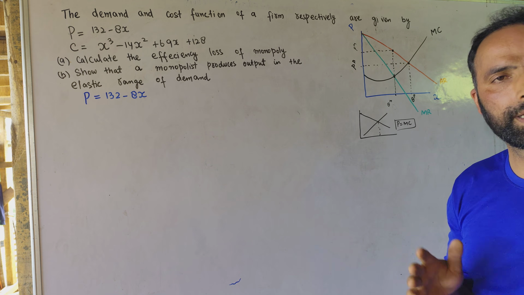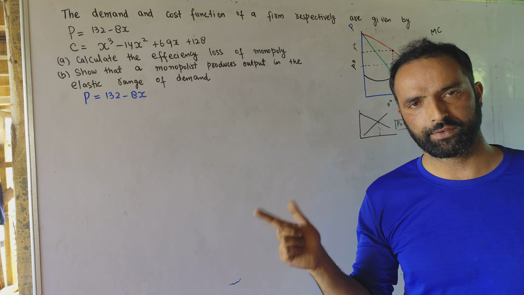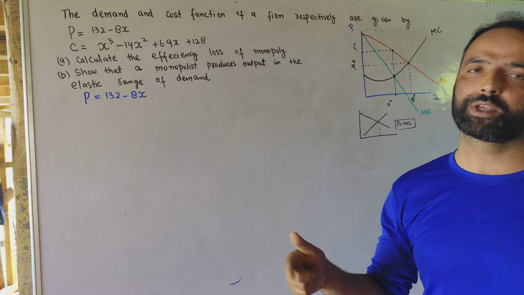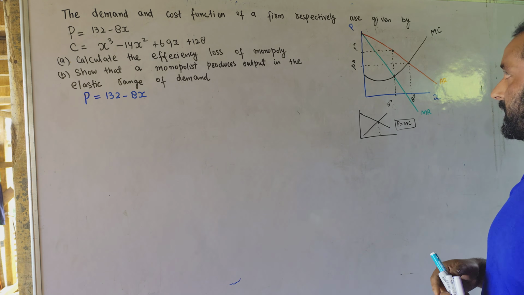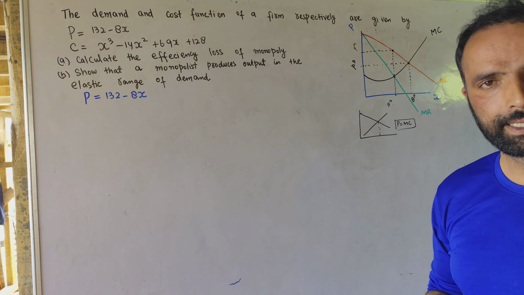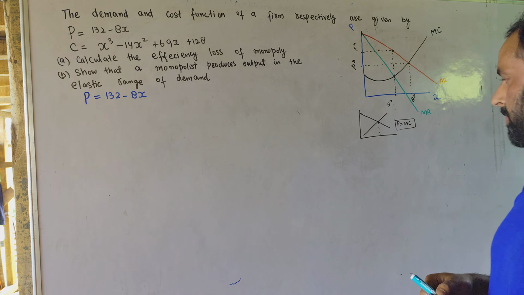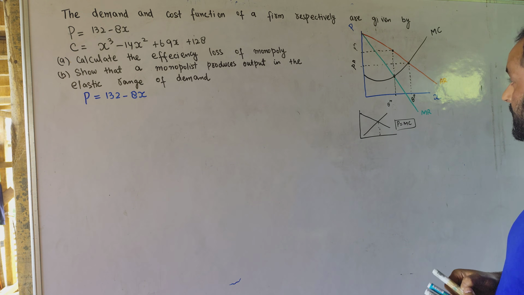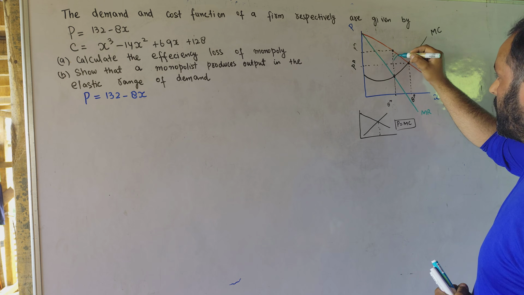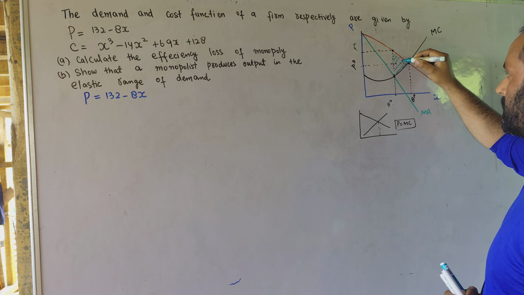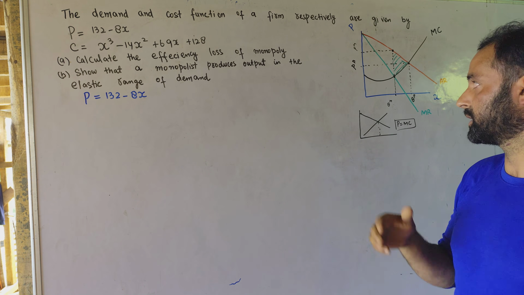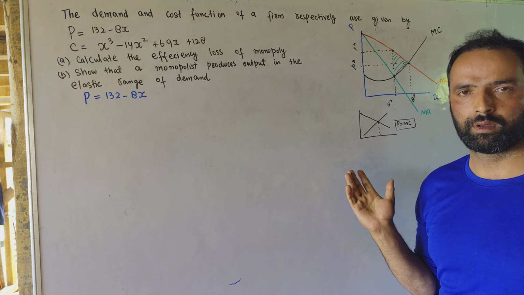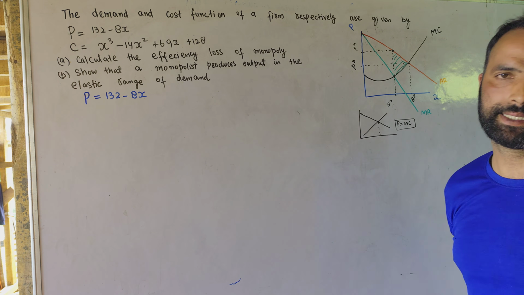So in case of perfect competition, remember, deadweight loss is in fact 0, or efficiency loss is 0. But in case of monopoly, the efficiency loss is maximum. So what will be the deadweight loss? Deadweight loss will be the area of this very region. So this was the basic intuition of how we have to solve this kind of question.